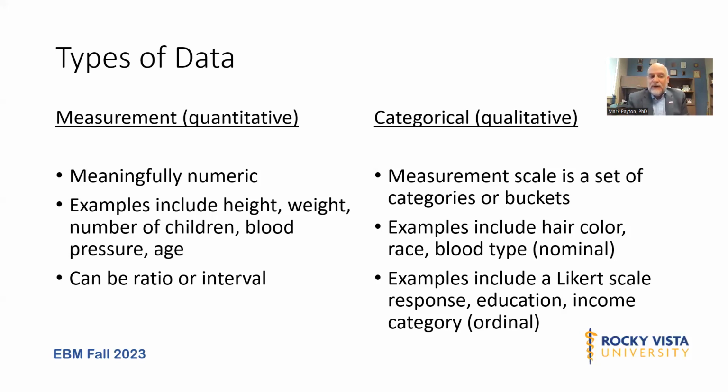If zero means zero, like the number of children a family has, then the ratios make sense. When I have a family with 4 children, they have twice as many children as a family with 2 children. And you can build ratios on those.